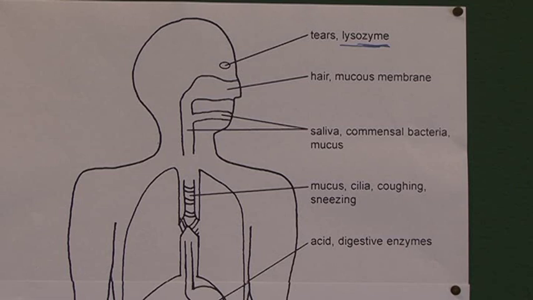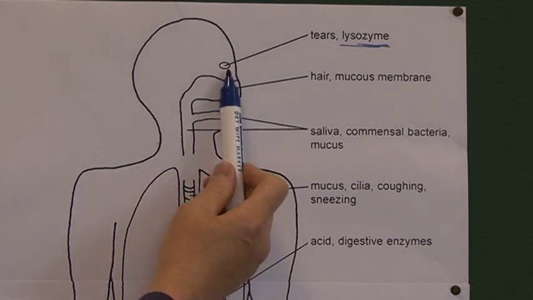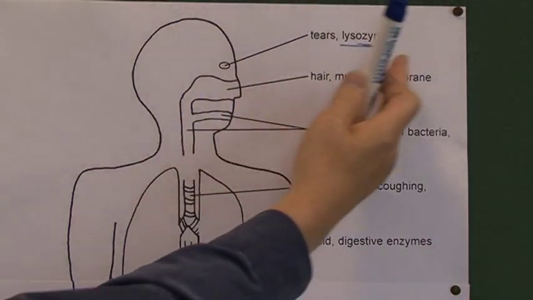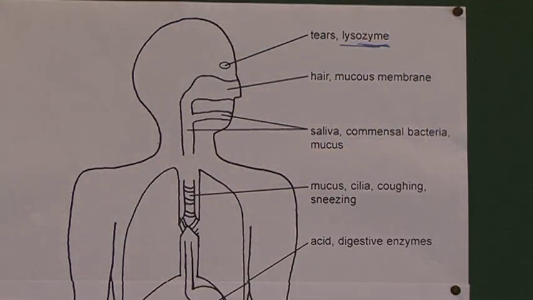And also over the conjunctiva of the eye there's a thin layer of mucus which protects the eye from infection as well. So we've got a thin layer of mucus, we've got the flowing effect of the tears, and we've got the lysozyme which will help to digest bacteria.